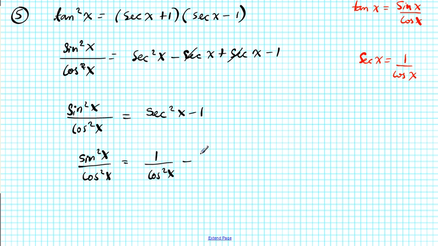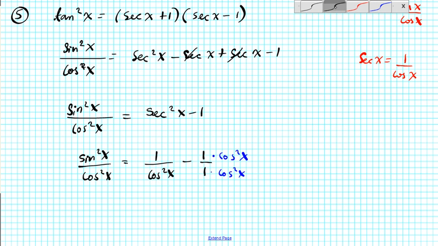Since this is a fraction, I like to express 1 as a fraction, which is 1 over 1. Now, how do we combine these two fractions? Do you want to make the denominators the same? The LCD of 1 and cosine square x is cosine square x. So I'm going to multiply this by cosine square x, top and bottom, so that the denominators match, and then I can combine them.